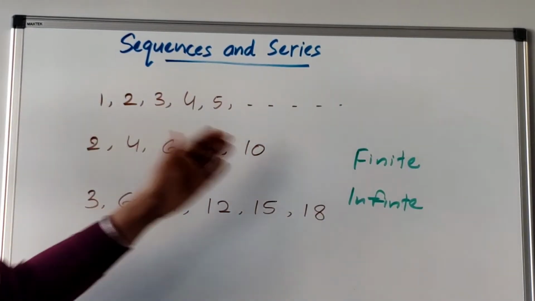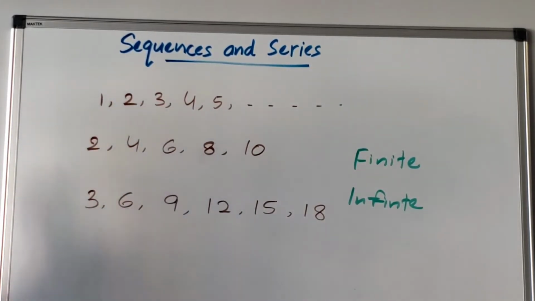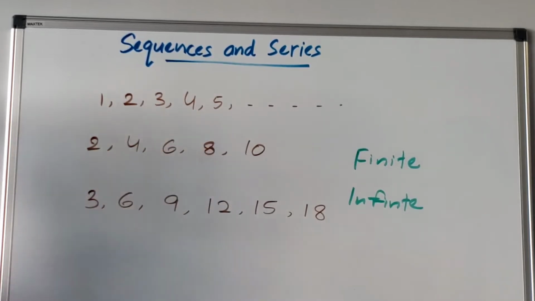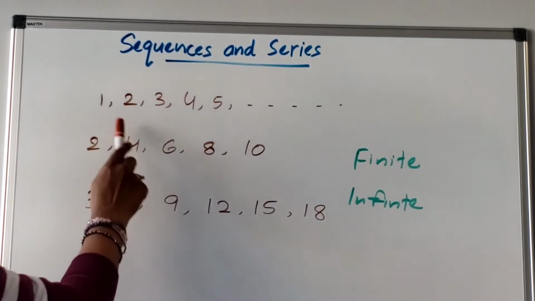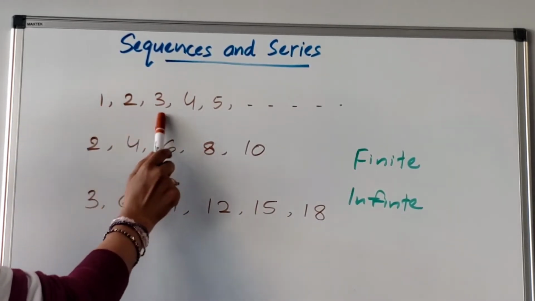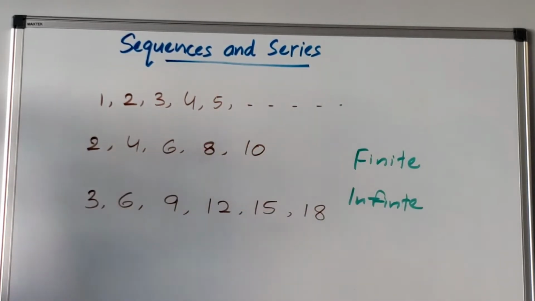Now, what is the meaning of finite and infinite? If you notice the three sequences here, the numbers represent the terms in a sequence. The terms in each sequence have a rule that we can use to find the next terms in the sequence.